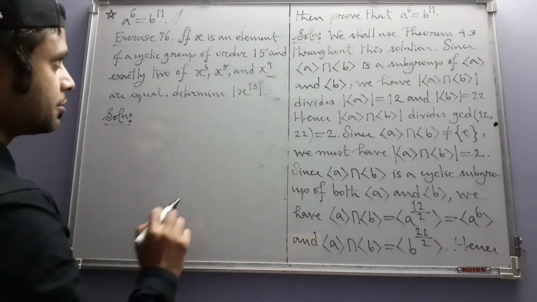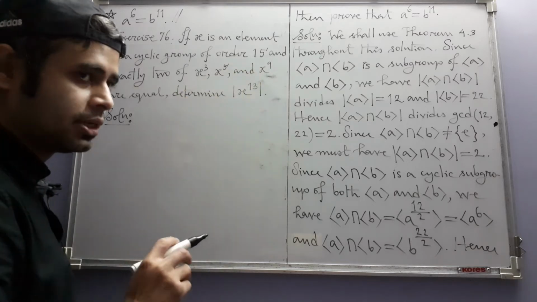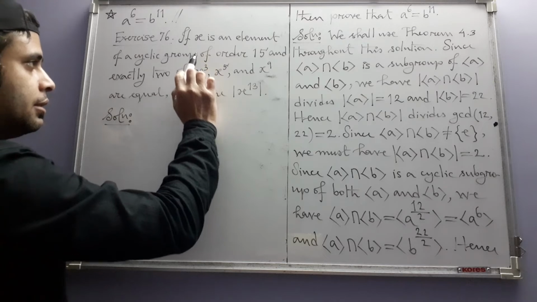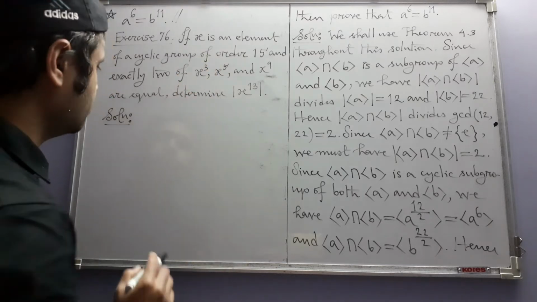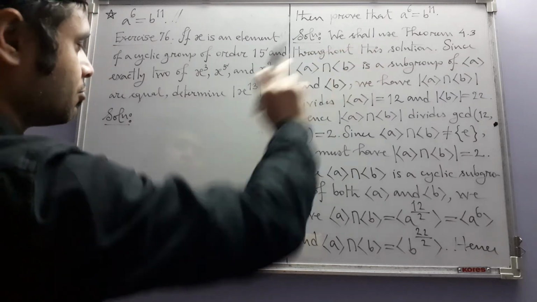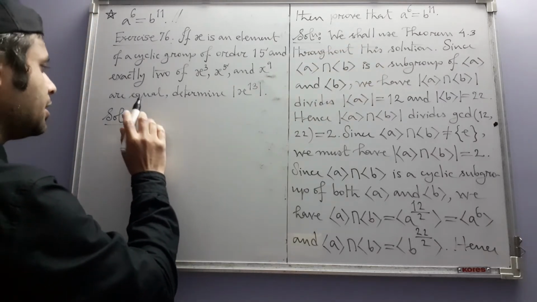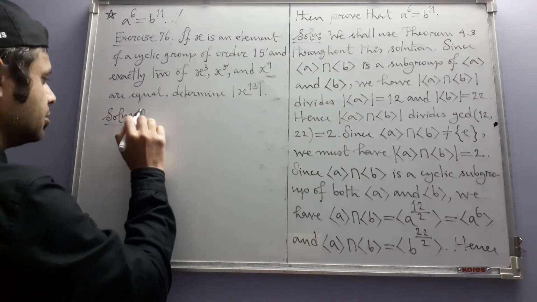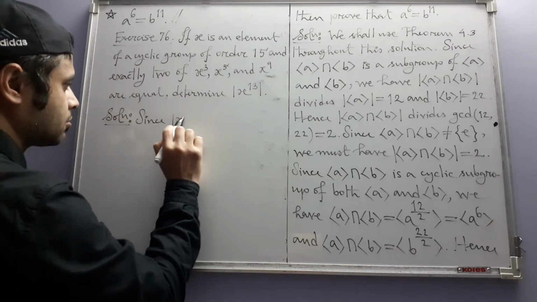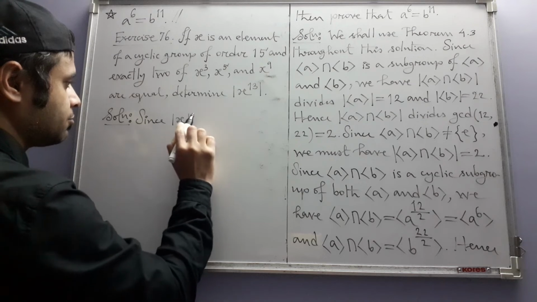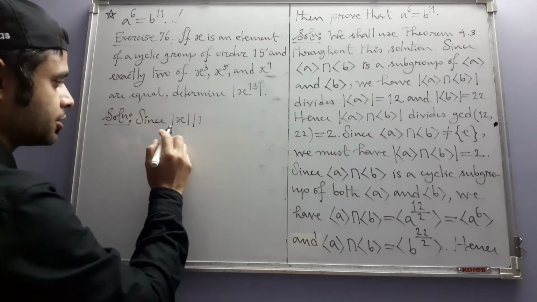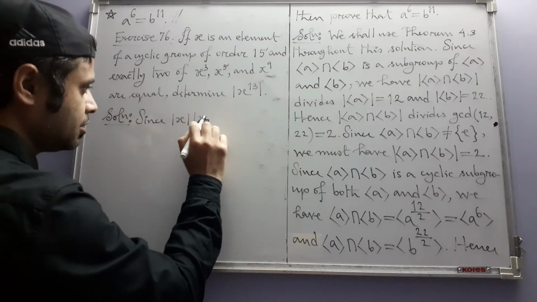We already know that in a finite cyclic group, the order of every element divides the order of the group, and that is also coming from this theorem 4.3. So we are directly writing, since the order of x should divide, here I am again using that notation, this divides 15.